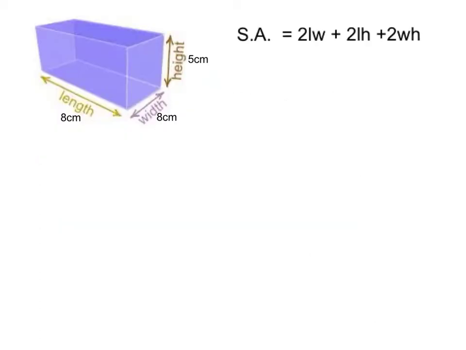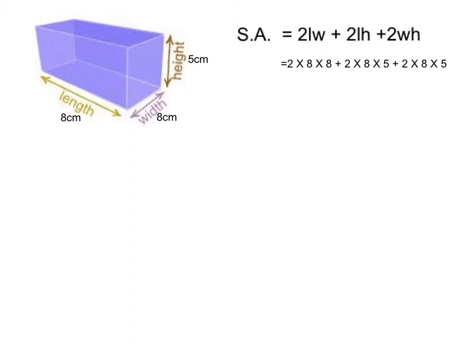So we can use this formula for surface area of a rectangular prism to calculate the area that all of those 6 rectangles will cover by using 2 times length times width plus 2 times length times height plus 2 times width times height. The first thing we're going to do is substitute the length, the width, and the height into our equation over here.